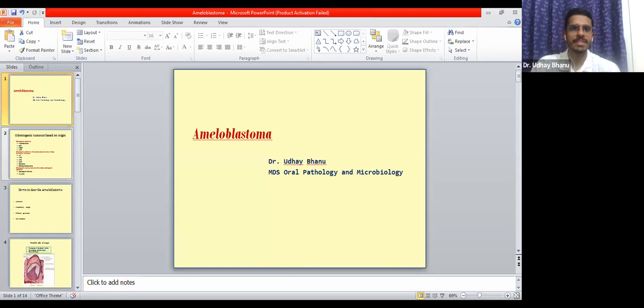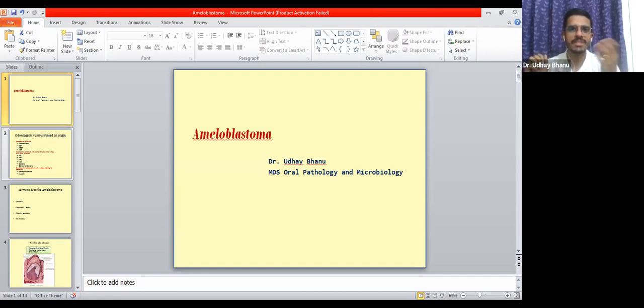So the tumors that arise from odontogenic epithelium are ameloblastoma, squamous odontogenic tumor, calcifying epithelial odontogenic tumor, and adenomatoid odontogenic tumor. Next, we have the tumors which arise from odontogenic epithelium with ectomesenchyme, with or without hard tissue formation. That means there is an epithelial component and there is a connective tissue component.